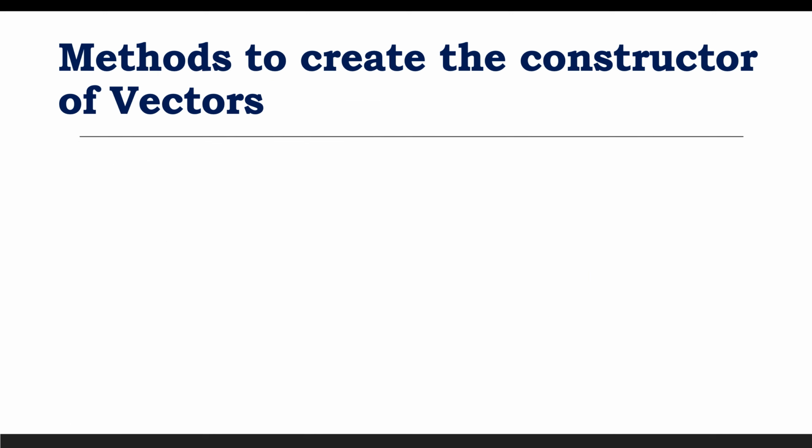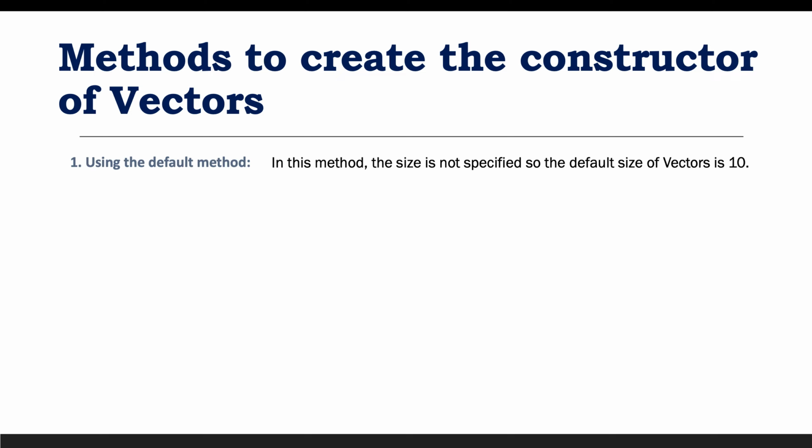Now let's see how we can create the object using constructors. There are a couple of constructors provided by the Vector class, by which we can create the object of the Vector class. The first is the default constructor. In this, the size is not specified, so the default size of the vector is 10.